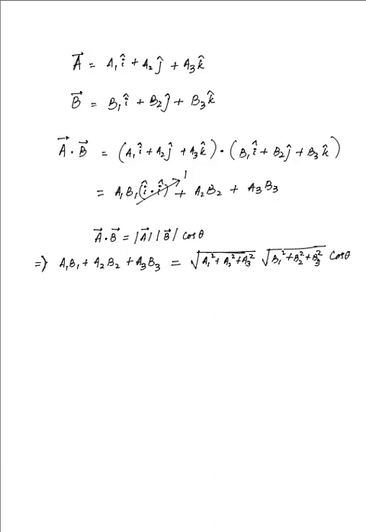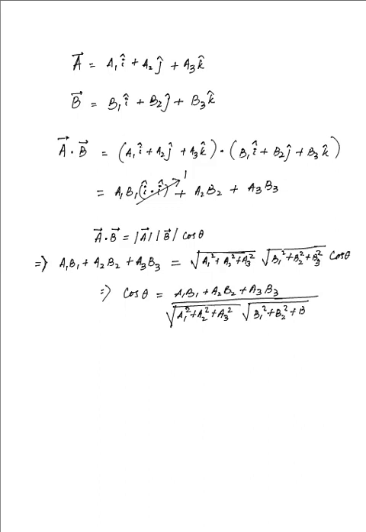So this being the magnitude, what you have for the value of cos theta is equal to a1 b1 plus a2 b2 plus a3 b3 whole divided by root over a1 squared plus a2 squared plus a3 squared multiplied with the square root of b1 square plus b2 square plus b3 square.